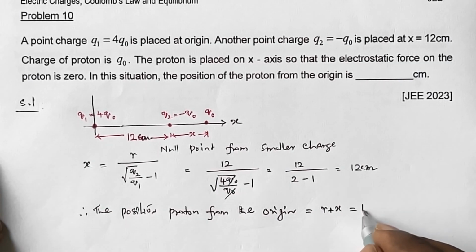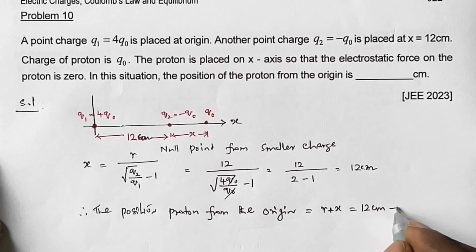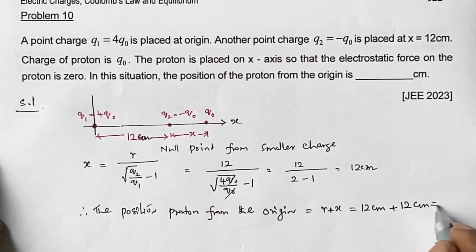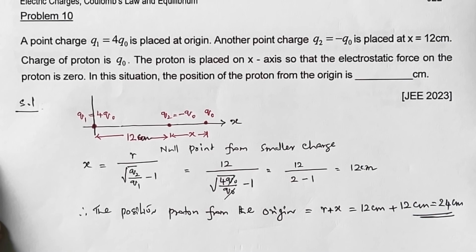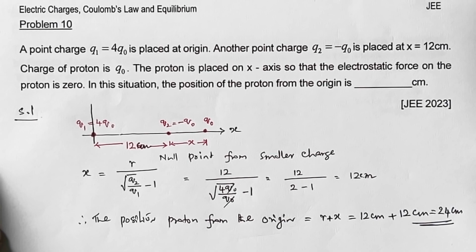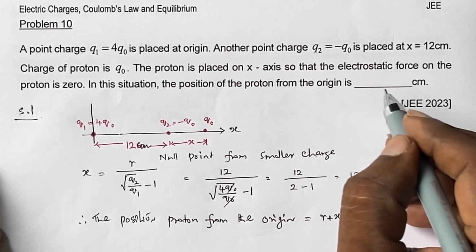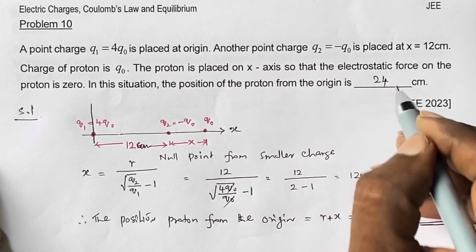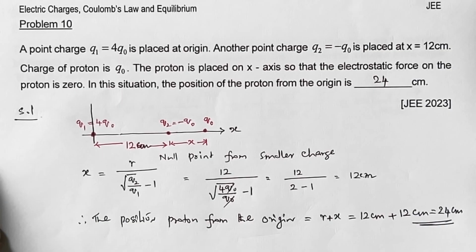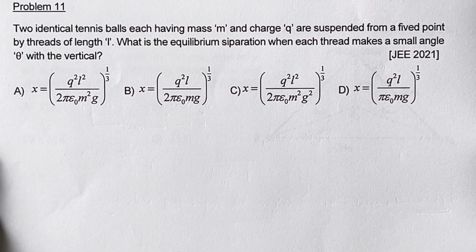So R is 12 centimeter given, X came as 12 centimeter, so total 24 centimeter. So that is the answer for this particular question. So answer is 24 centimeter. Like this we have to do this problem.